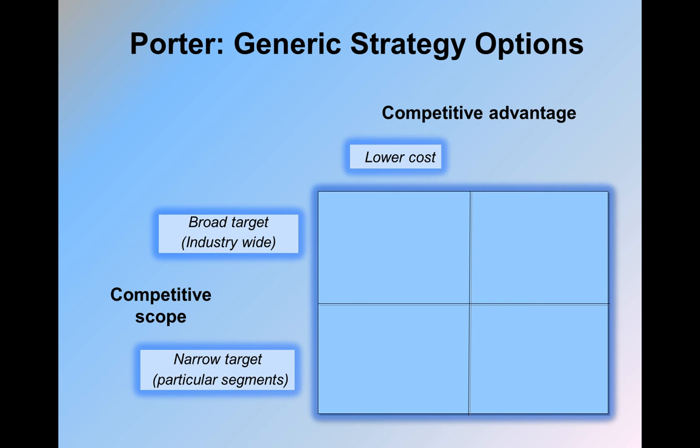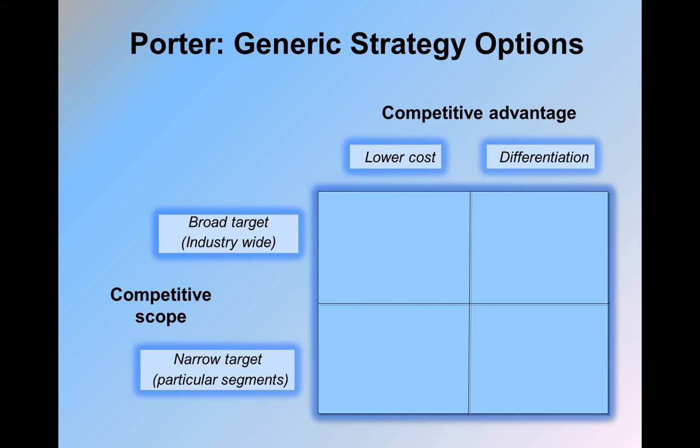Is it going to be based on having the lowest cost in the industry, or is it going to be based at the other end of what might be seen as a spectrum? Is it going to be based on offering a higher value product which meets more requirements of the potential customers?